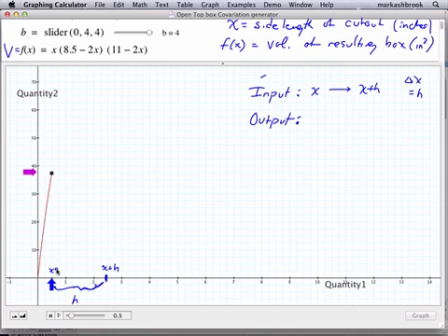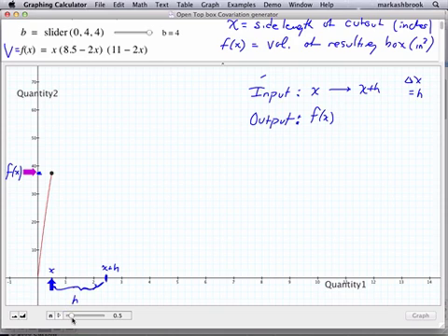So, all right. So x. As the input goes from x to x plus h, what's the starting value of the output? How do we represent that starting value of the output then? F of x. So this is f of x. And then what's the final value of the output going to be?